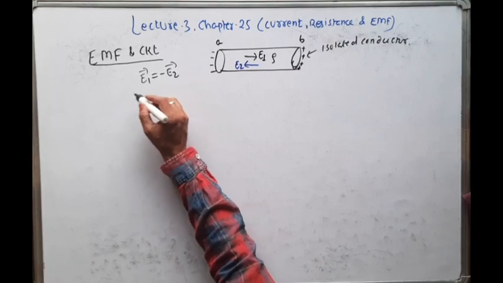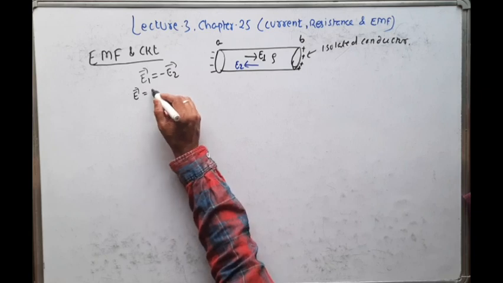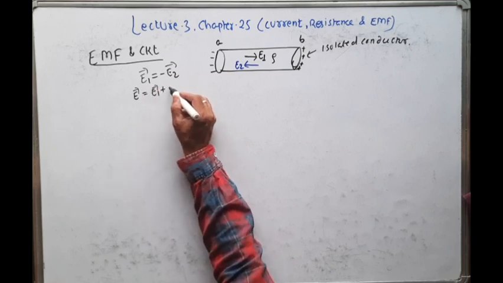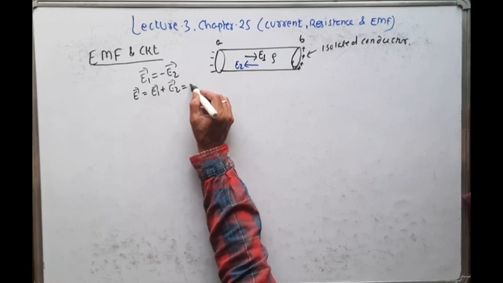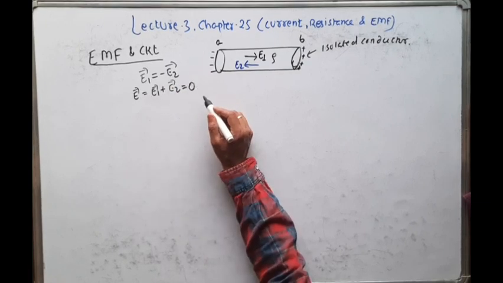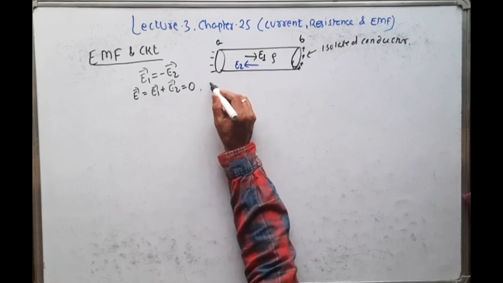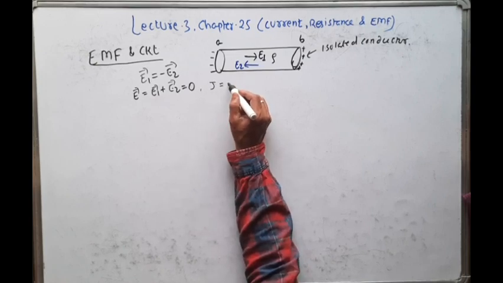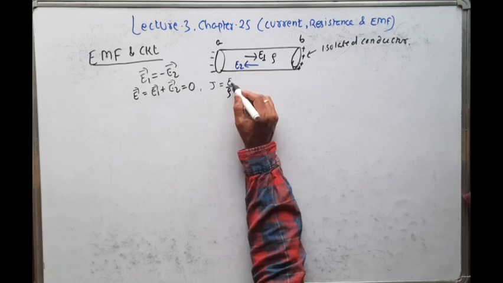So in the fraction of second, we will find the net electric field intensity, which is equal to E1 plus E2 vector. Both are equal and opposite. So net electric field intensity will be 0 inside the conductor. We know that J is equal to E upon rho, where J is current density and E is the electric field.